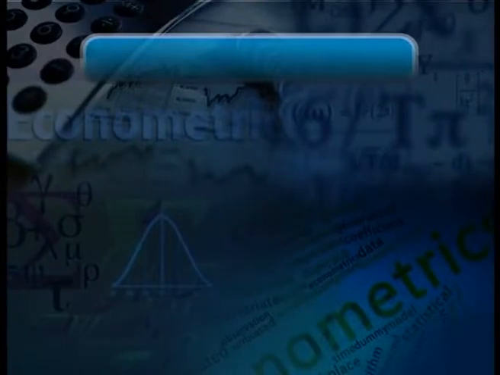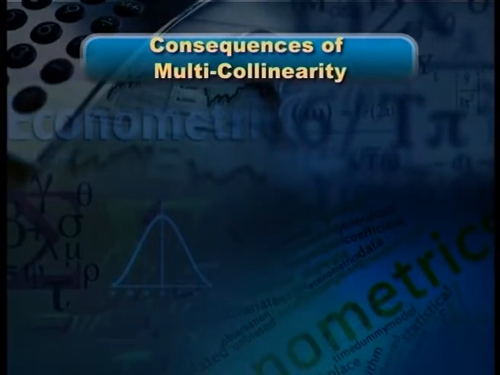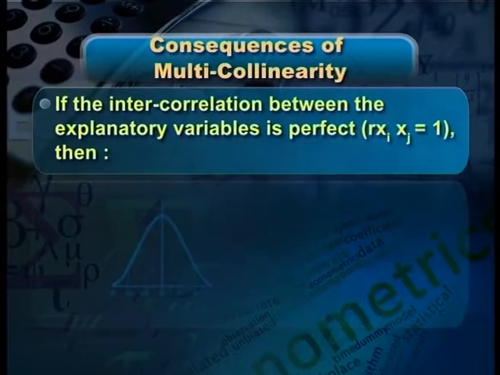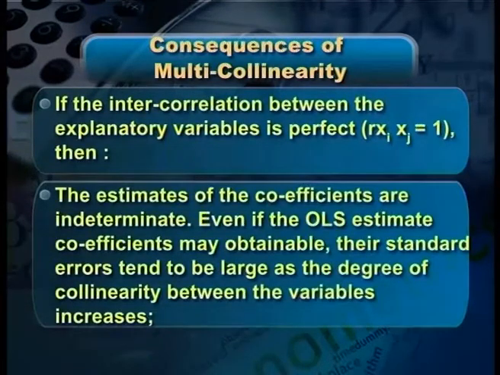If at all there is a problem of multicollinearity, what are the consequences that we are supposed to come across? The consequences of the problem of multicollinearity are: number 1, the estimates of the coefficients are indeterminate. If the OLS estimate coefficients may be obtained, their standard errors tend to be large as the degree of collinearity between the variables increases.